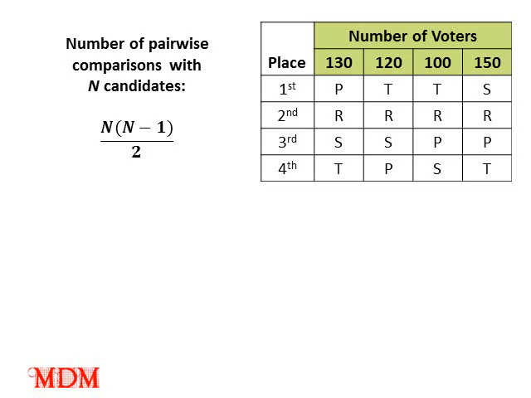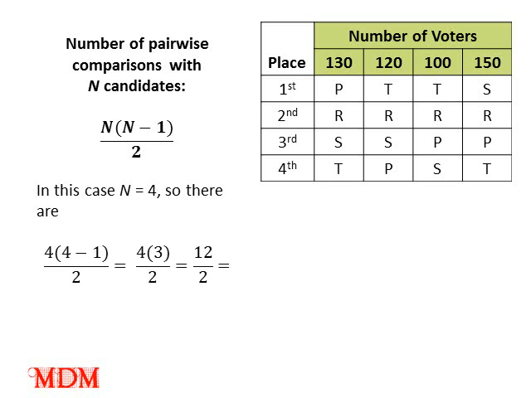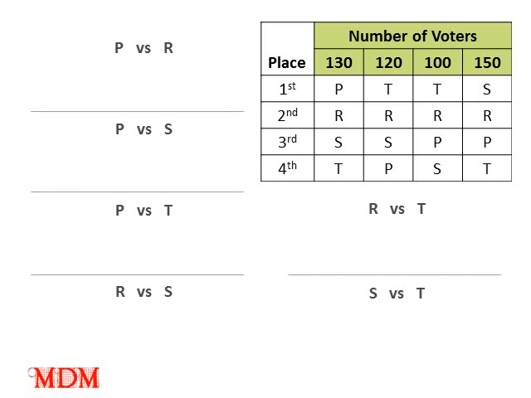In this particular case, we have 4 candidates, so our n is 4, and we can substitute 4 in place of n and determine that there are 6 possible head-to-head matchups. We want to list all 6 of them and then go through each pair to determine which candidate would get the point.